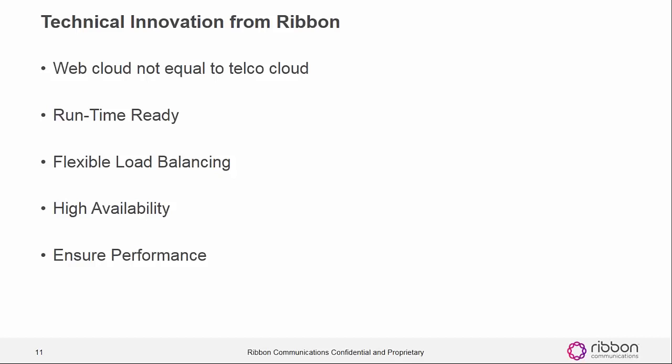So let's talk a bit about that. What are those attributes that we had to look at and say, how can we innovate? How can we make things better? How can we make it so these things operate really well and make it beneficial ultimately to our customers? So that's what I'm going to cover here in the next section.